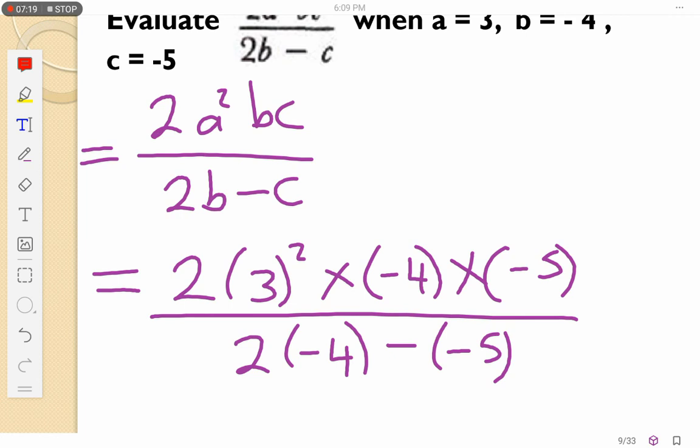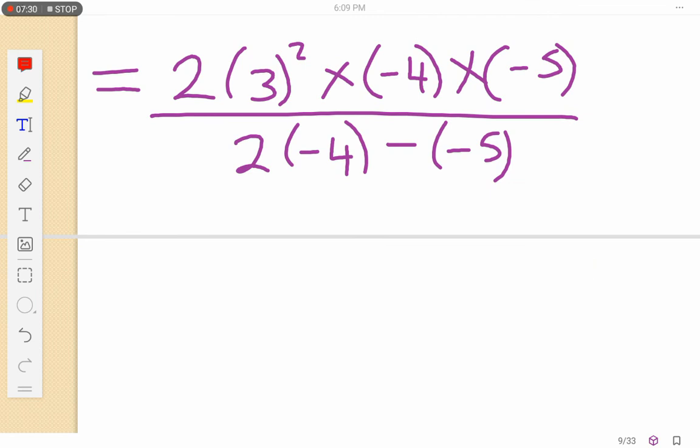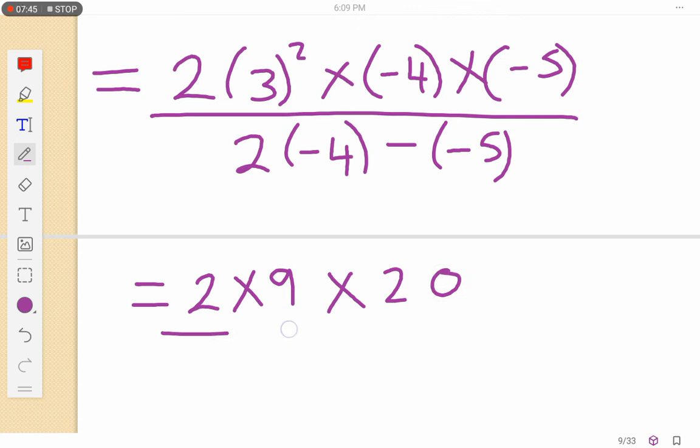Now multiplying this, we will get 2 times 3 squared, which is 9, so 2 by 9. Then minus 4 times minus 5, we get plus 20, so times 20 there. All over minus 4 times 2, we get minus 8, then minus minus 5, we get a plus 5.